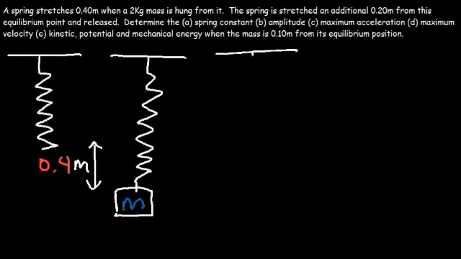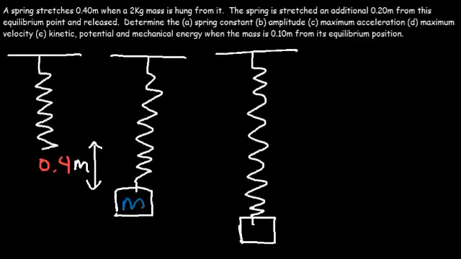Now if we stretch it even further by an additional 0.20 meters from its new equilibrium position, once we release it, it's going to bounce up and down. So with this information, determine the spring constant, the amplitude, and everything else.